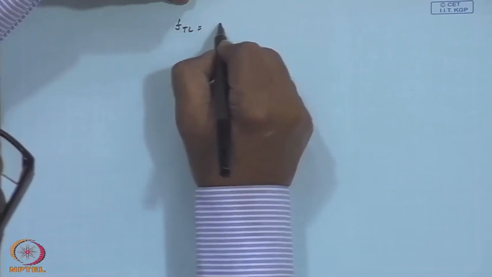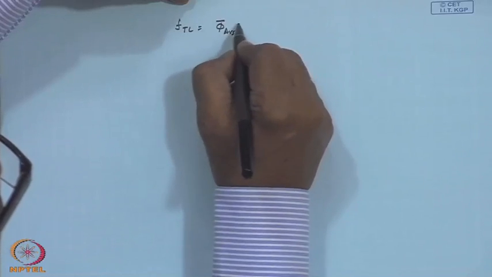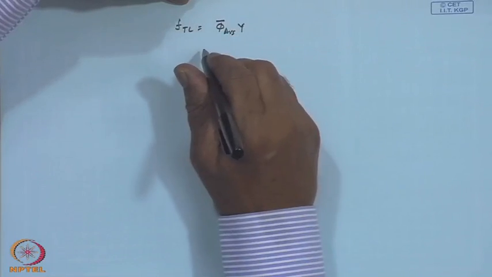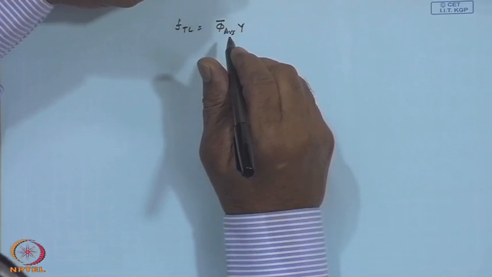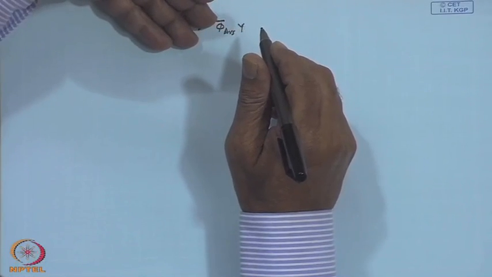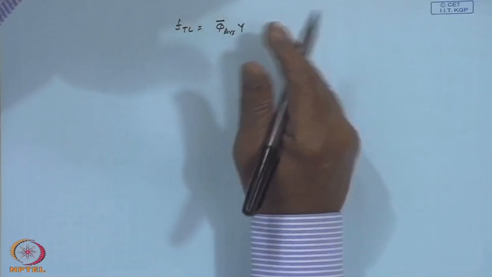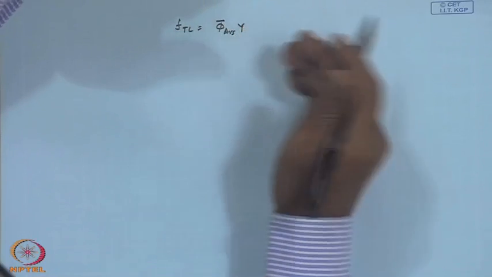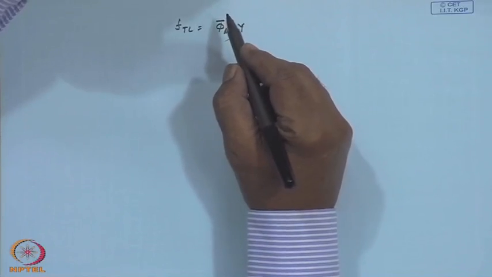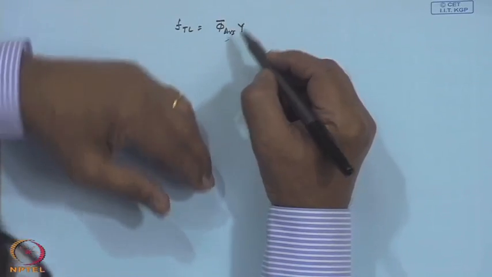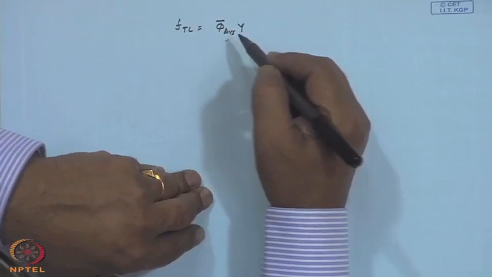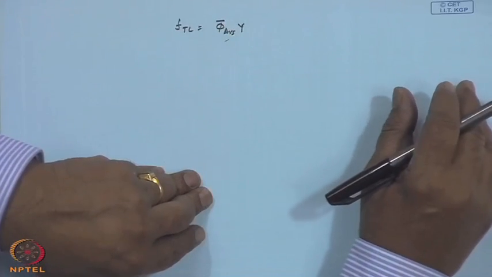Corresponding to that load fraction FTL, you have an average utilizability. In other words, FTL is some phi bar average times y. So, this will be corresponding to average inlet temperature to the collector, which will produce this utilizability, and from there the real will be something like the minimum of the temperature T minimum and the T tank or the average temperature. So, again rerun it with a T minimum plus T average by 2 and see whether it is close to the initial guess or not.